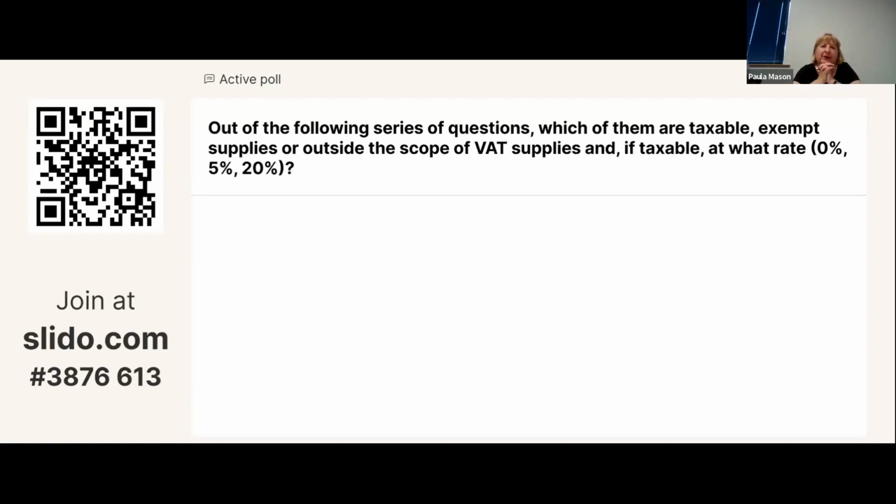So out of the following series of questions, I'd like you to consider whether you consider them taxable or exempt or outside the scope of VAT supplies. And if taxable, at what rate do you think that should be charged? There may also be a few reverse charge items here as well, so just to make you aware.